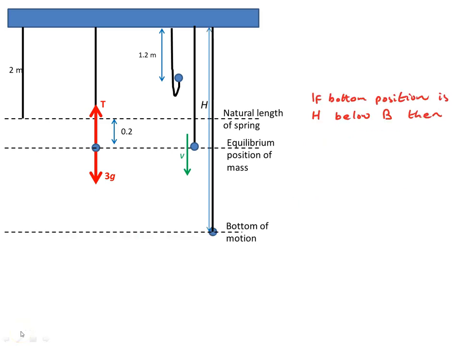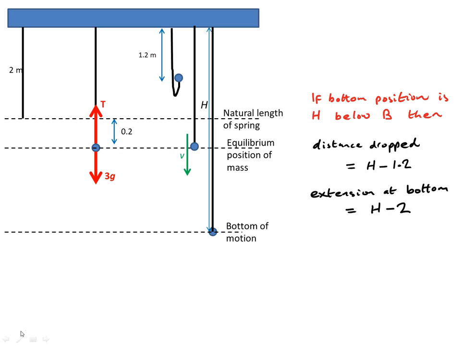We now want to find out how far the particle drops below the ceiling. So if we let h equal the depth that the particle falls beneath the ceiling, then in that position, the distance that we will have dropped from the start position will be h minus 1.2.